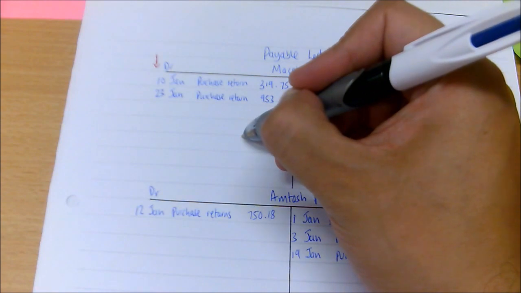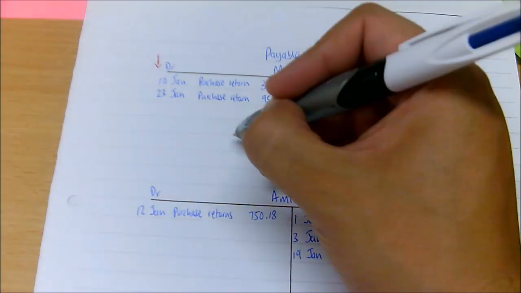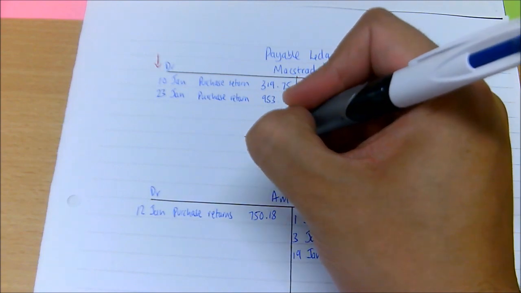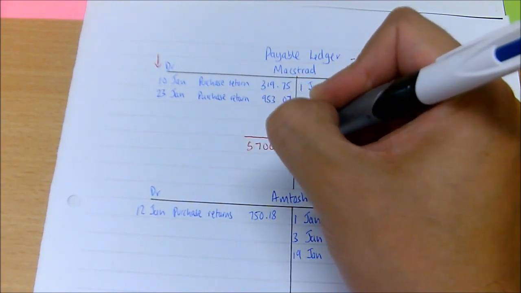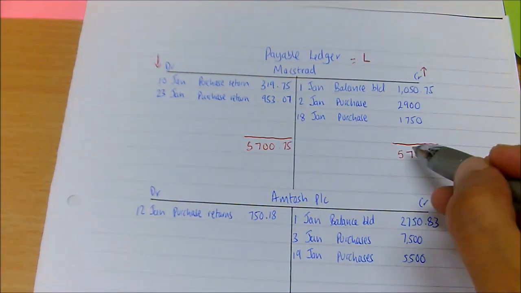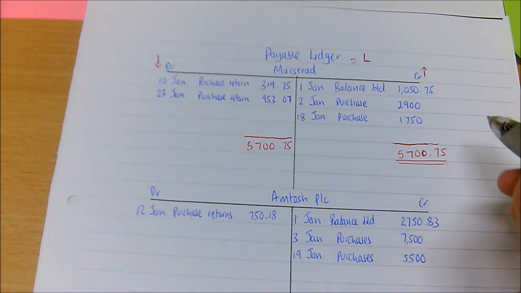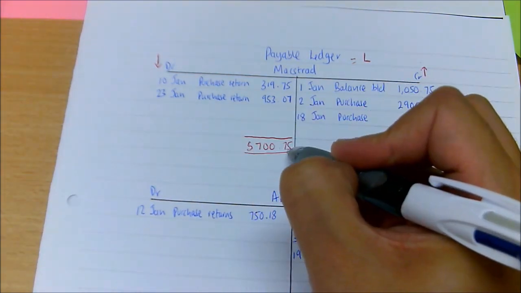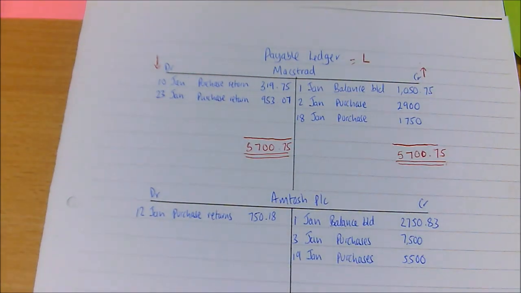And this total, because it's the highest total, also goes on the opposite side as well. It's common practice to double underline this. It's probably better off using a ruler, so just make sure you do that.